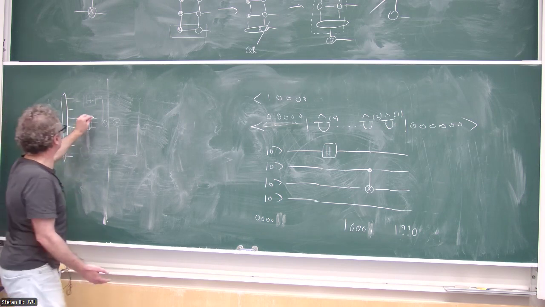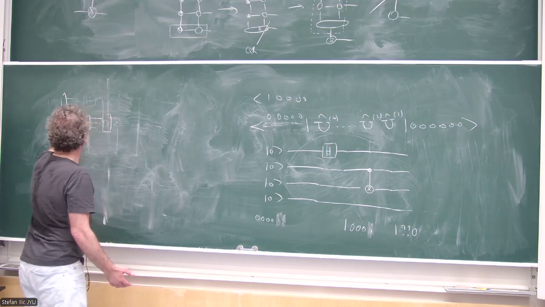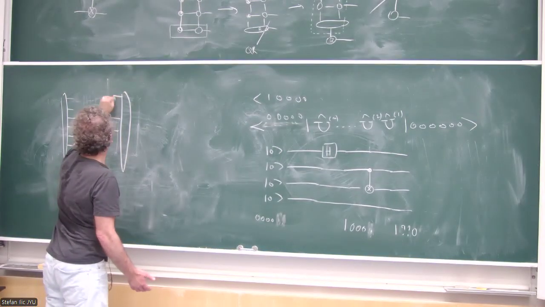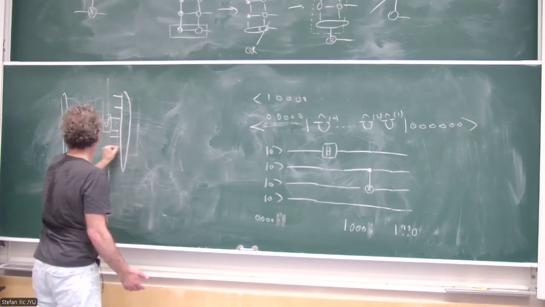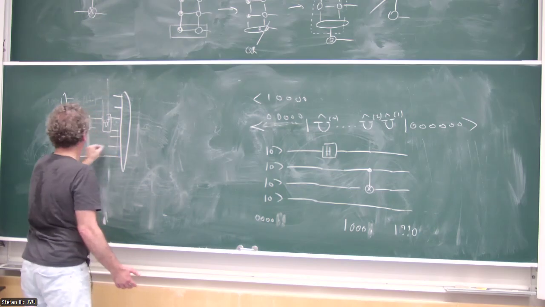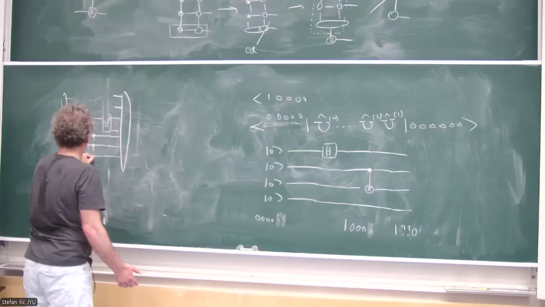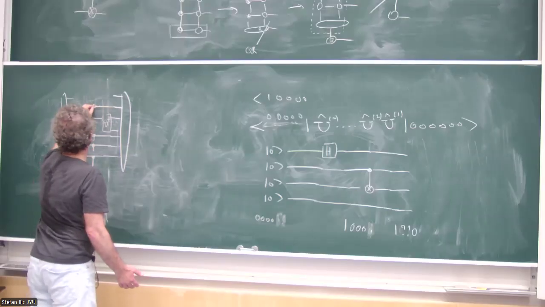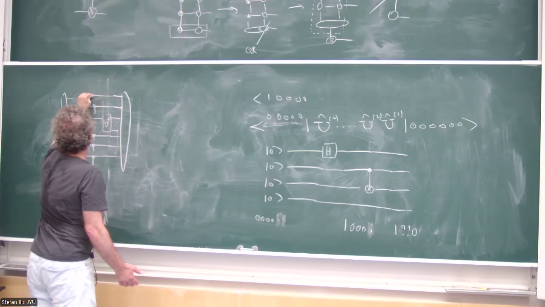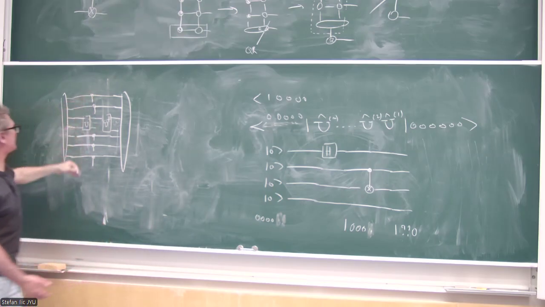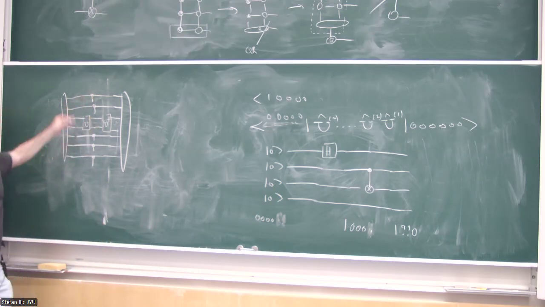The probability for the others is, this is U, this is U dagger, and here I have to put a copy operator. This is the probability of all qubits except the two I'm acting on.